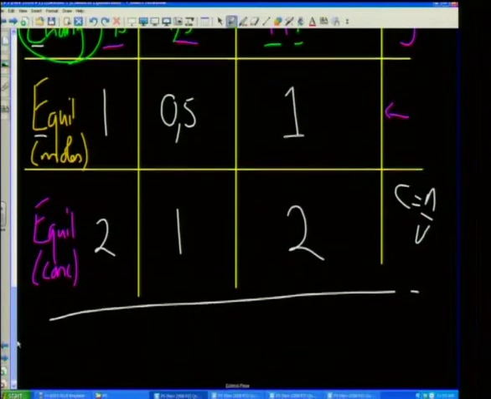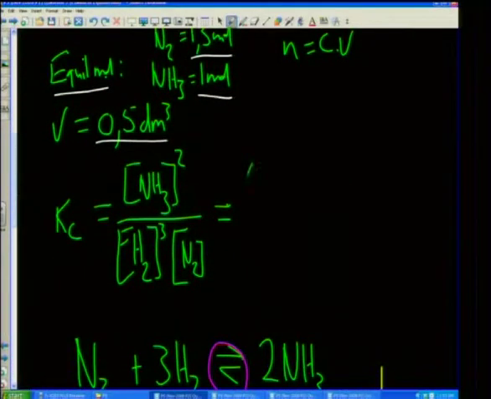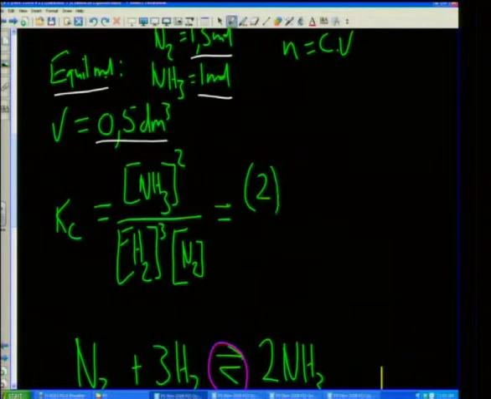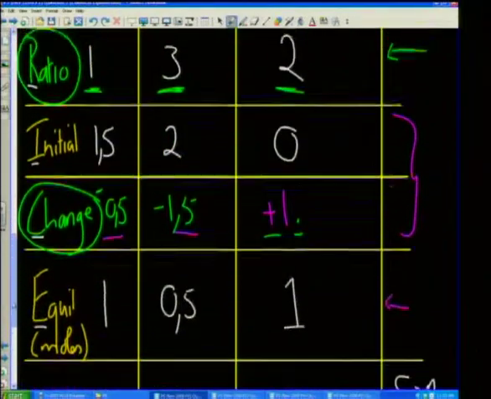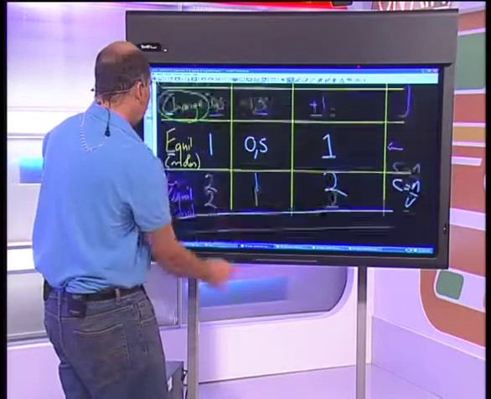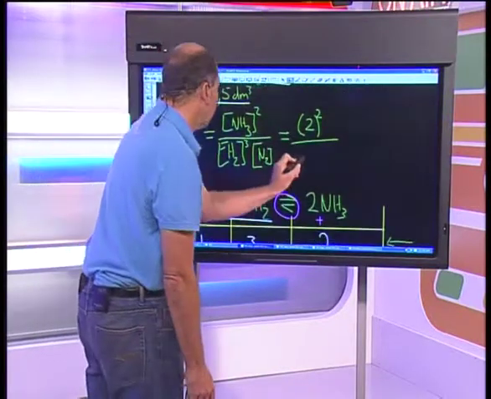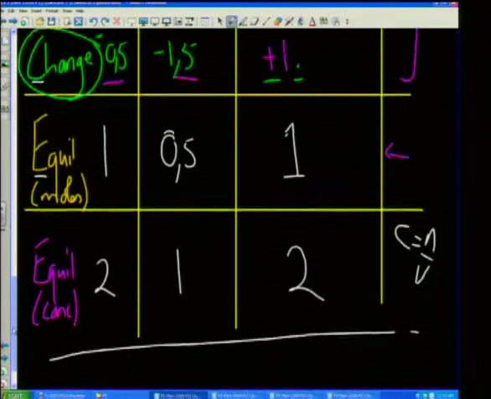So let's make sure we've got it. 2 is the ammonia. So I'm going to put 2 where I see the concentration of ammonia and square it. What was the concentration of hydrogen? Look, under the hydrogen line, all the way down, concentration is 1. So I must put the concentration of hydrogen, 1 cubed, multiplied by my concentration of nitrogen.